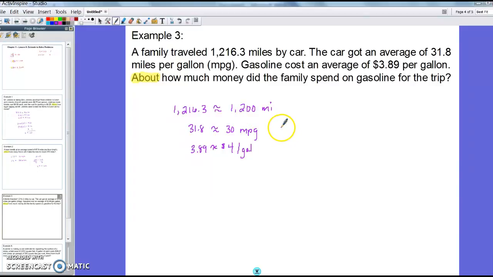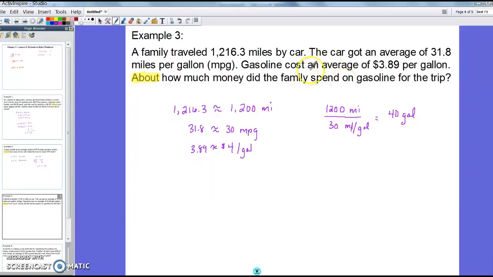Okay, so let's see. If they traveled about 1,200 miles and they get 30 miles per gallon, if I divide that by 30 miles per gallon, that's going to come out to a total of 40 gallons. So think about that again. They travel 1,200 miles. They get 30 miles for every gallon of gas. So if I divide 1,200 by 30, that gives me a total of 40 gallons.